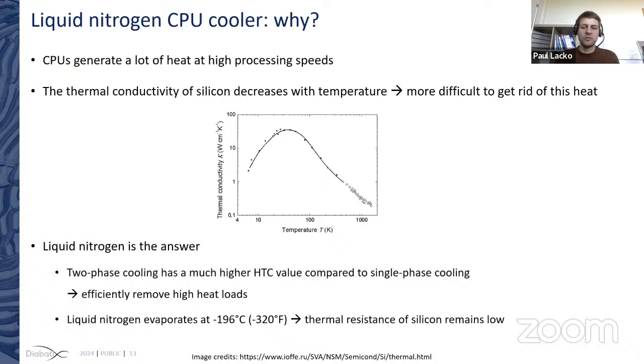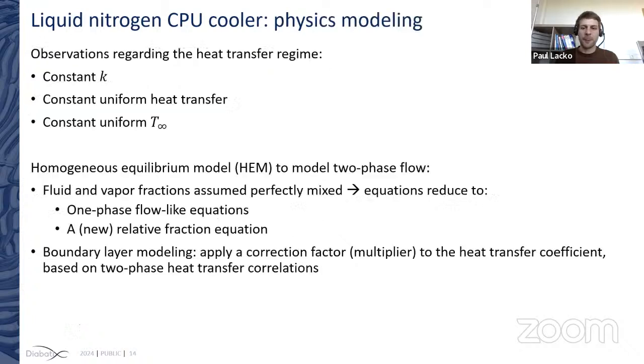Hence, the main challenge with this case study was to capture the most important physical flow boiling behavior in the numerical model. We noted that under the envisioned operating conditions, three observations can be made. First, the heat transfer occurs under a constant thermal conductivity, since the 3D printing material is just one single material with approximately isotropic properties.